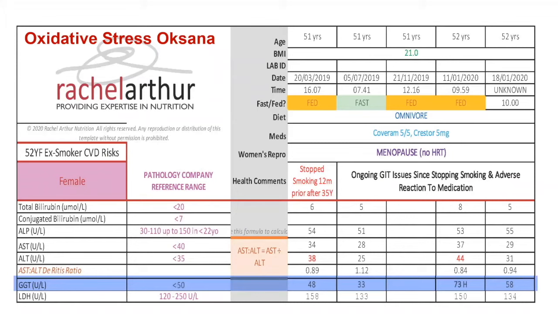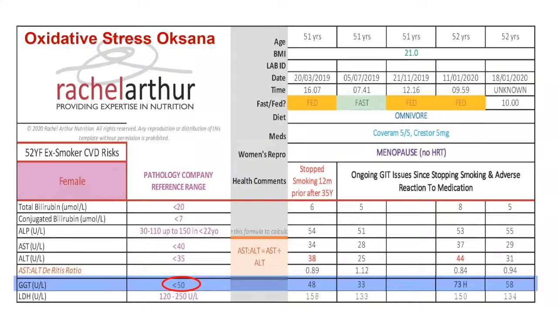When we look at her liver enzymes, and particularly here we're looking at her GGT, which of course is routinely performed, we can see that her values, if we only use the comparison of the cutoff provided by the private pathology company of less than 50, generally sit within that expectation. There are two occasions when she's gone beyond what they deem to be expected or healthy.